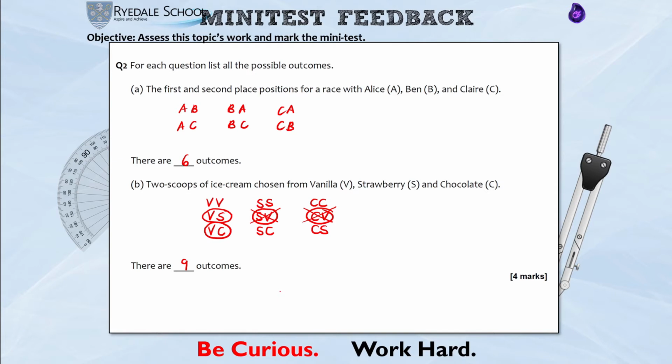And we might also argue that a strawberry and a chocolate ice cream is the same as a chocolate and a strawberry. And if you're going to argue that, then I am going to let you have the answer 6 as well. Okay, so I'm going to accept two different answers here, 9 or 6. It all depends.